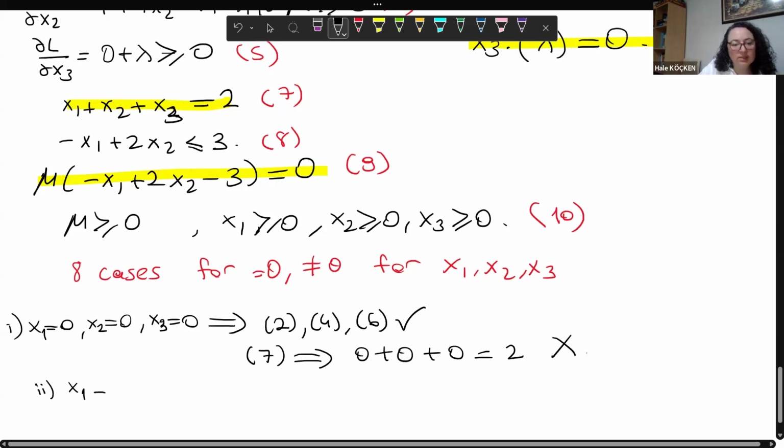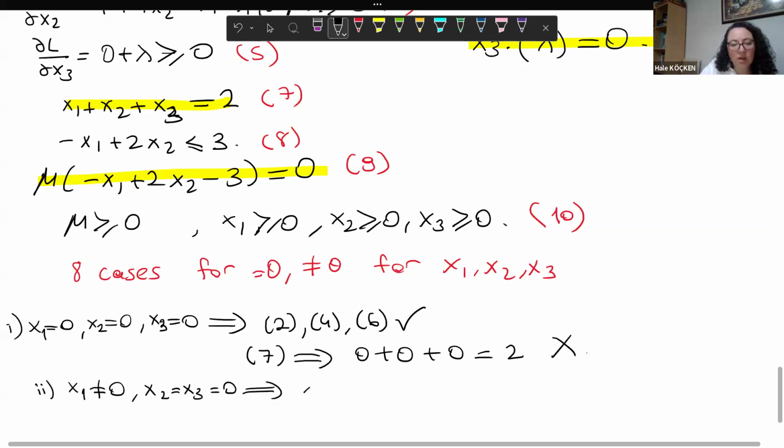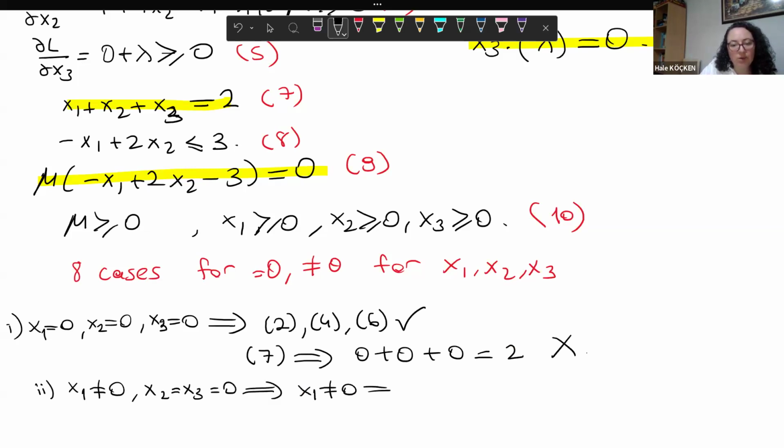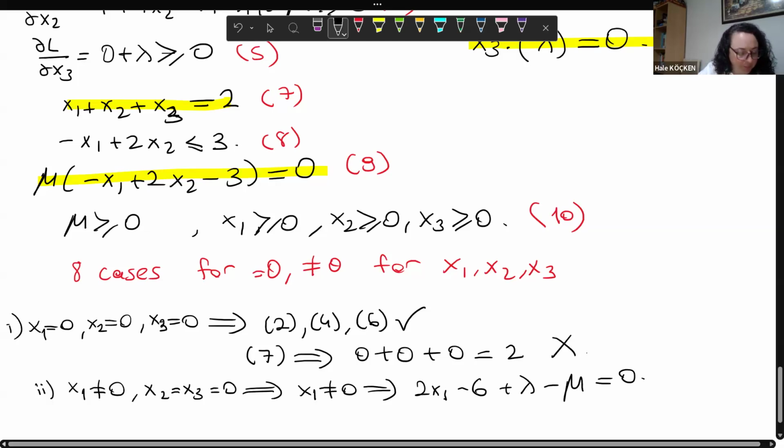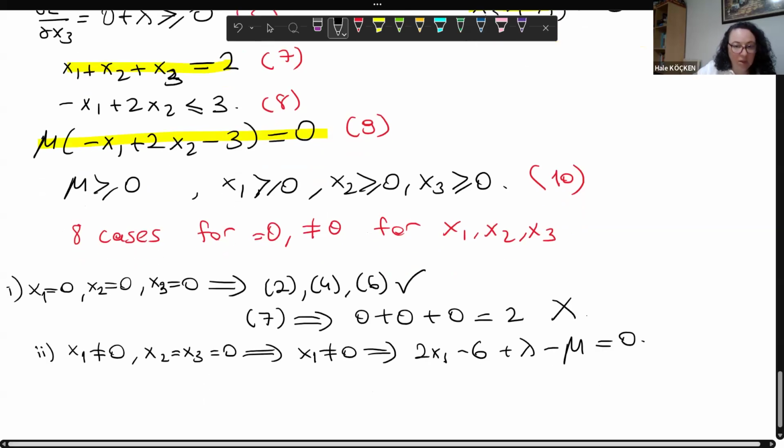Case 2: say that x1 is different from 0 while the remaining are 0. Then, if x1 is different from 0, from the complementary constraints, I will write 2x1 plus x2, x2 is 0 already, I'm not writing, minus 6 plus lambda minus mu is equal to 0. Okay? And let me check.